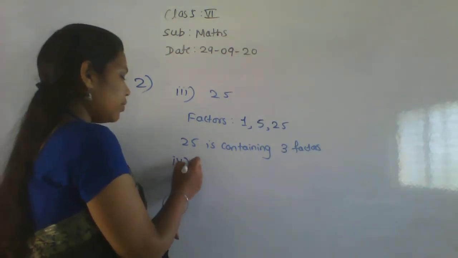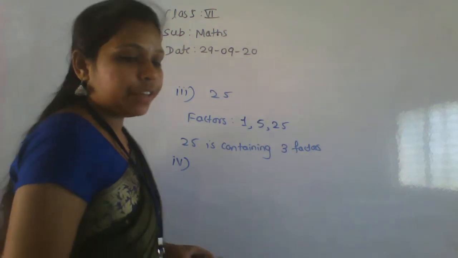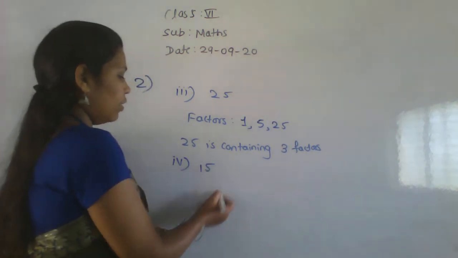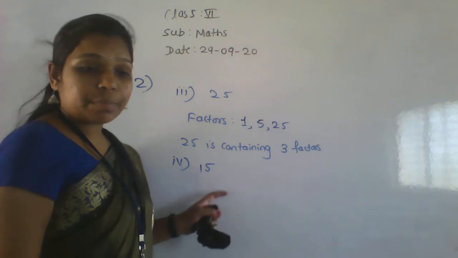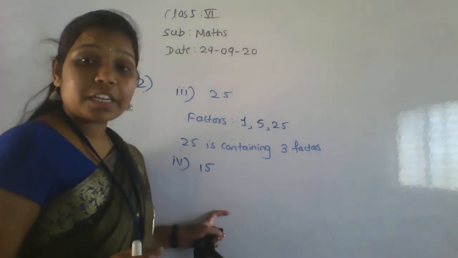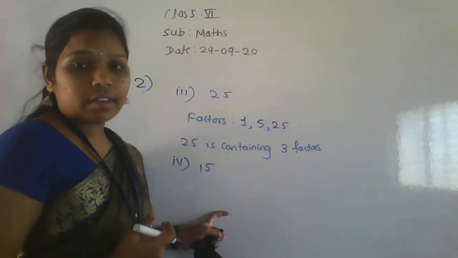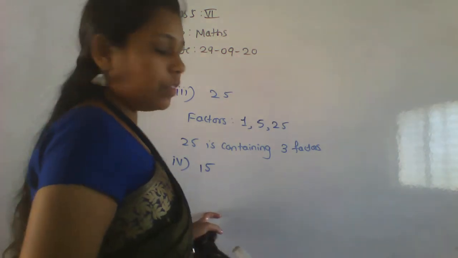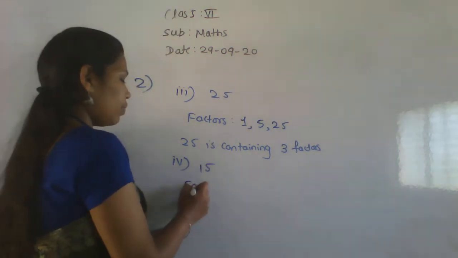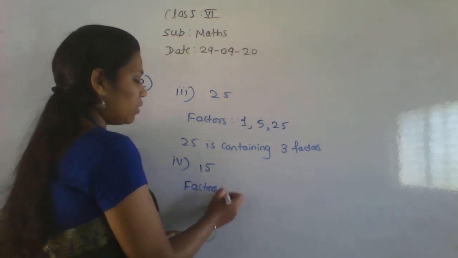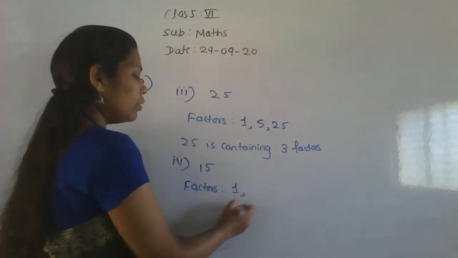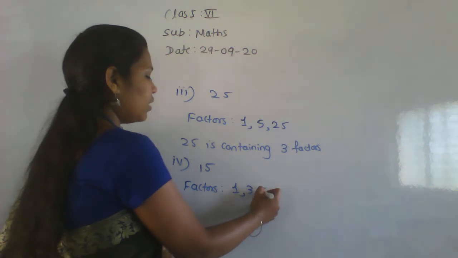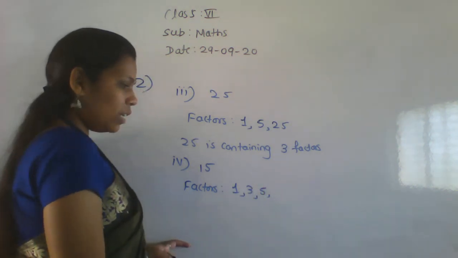Which number is given? 15. These are the problems from Do You Remember, page number 21, that I am solving. Understood, everyone? Okay. Next one is 15, so write the factors here. 1, next 3, after that 5, only this much, right?